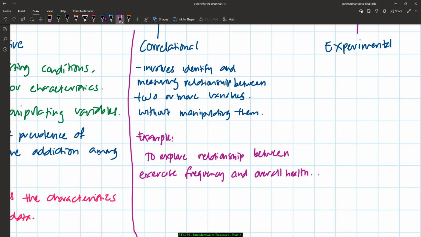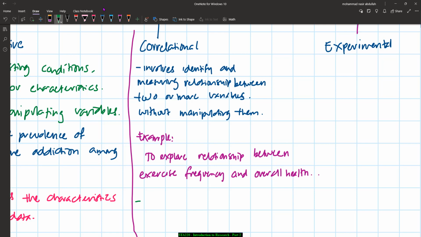So since it does not involve manipulation of variable, it can be implemented at a larger scale, right? Since kita tak manipulate the variable, kita tak intervention dalam variable tu, so we can apply this in a larger scale of research, right? Maybe kita boleh apply dekat community scale.